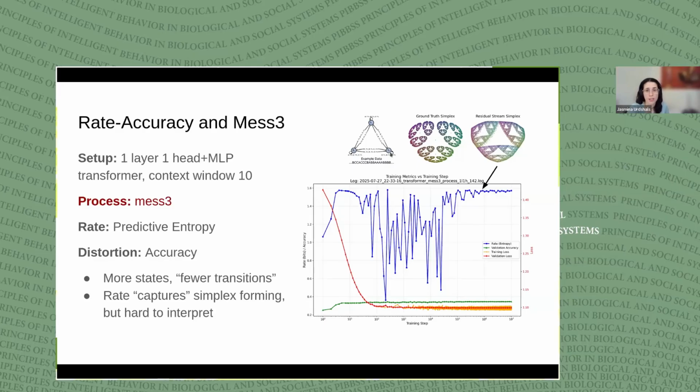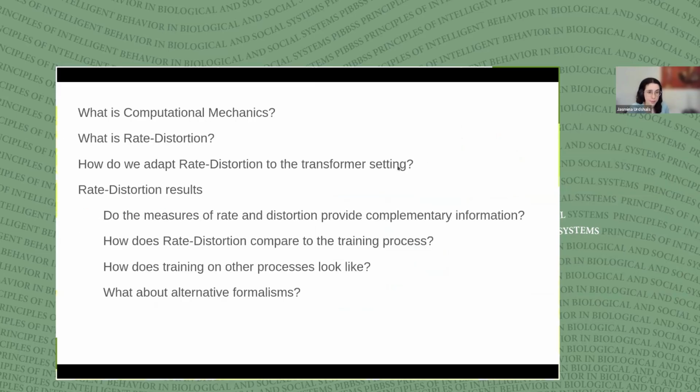But here too, we see that there are multiple states in our initial model that would be our causal states, but there are at least visibly fewer transitions that do not correspond to the number of states that we would expect.